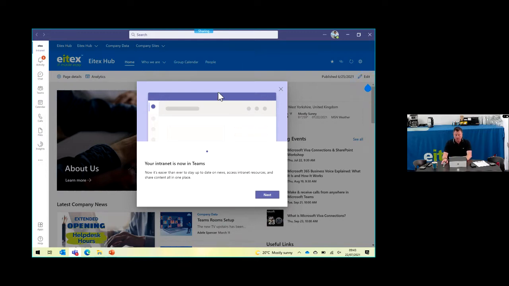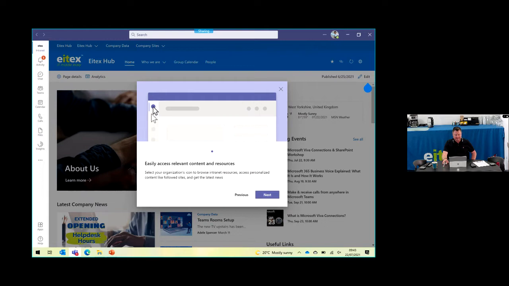What's happened right now is, when you open Teams in your organizations, it probably takes you to activity. But because we've got Viva Connections enabled on our Microsoft 365 tenant, this is what actually comes up for us here at iTechs. In the middle it's saying your intranet is now in Teams.